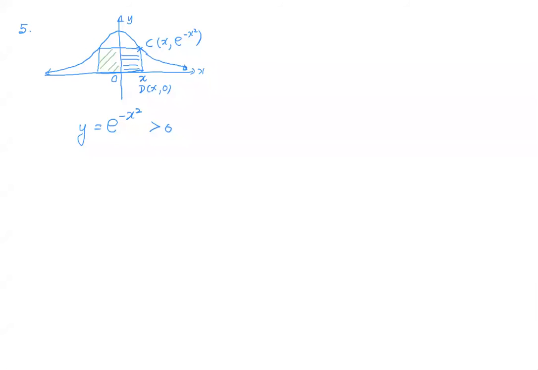Okay, so the area of the rectangle, so area, let A of x be the area of rectangle A, B, C, D. So it will be 2 times this area, x, and the height is e to the power negative x squared. Am I right?